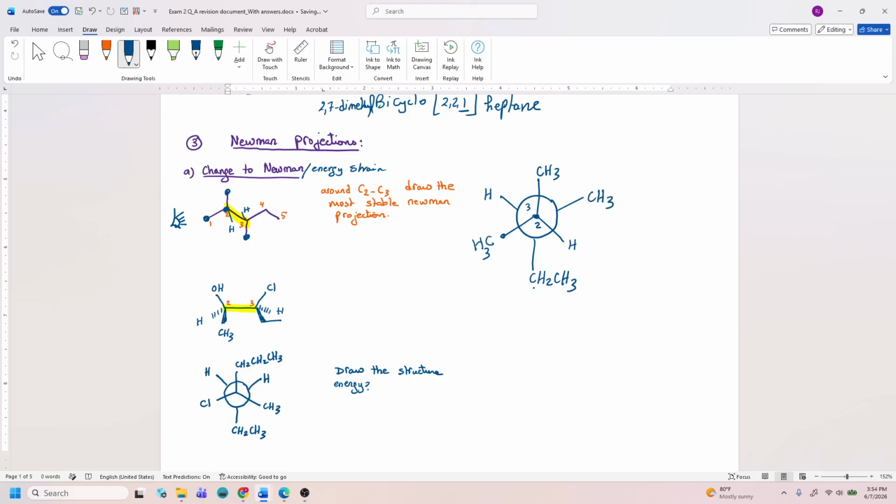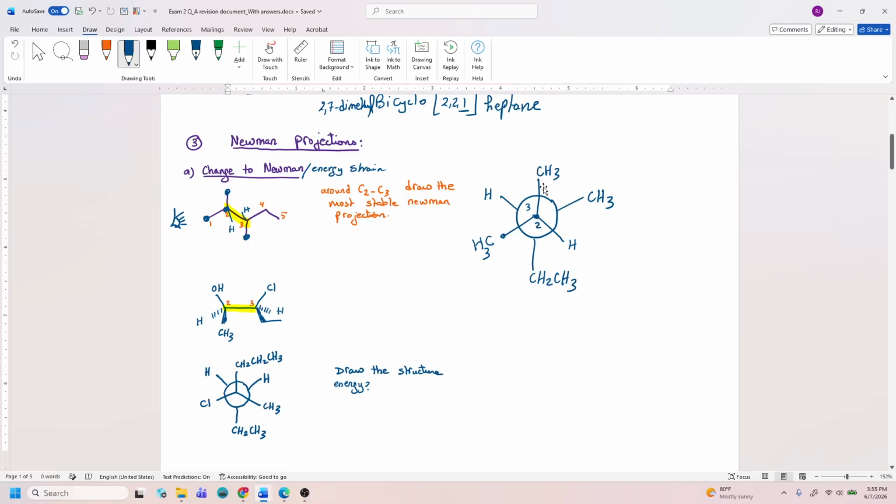Good. So when I ask you to draw the most stable Newman projection, you look at both carbons, carbon 2 and carbon 3. With carbon number 2, you want to make sure that the highest group on carbon number 2 is up there, and the highest atomic mass group on carbon number 3 is down there.